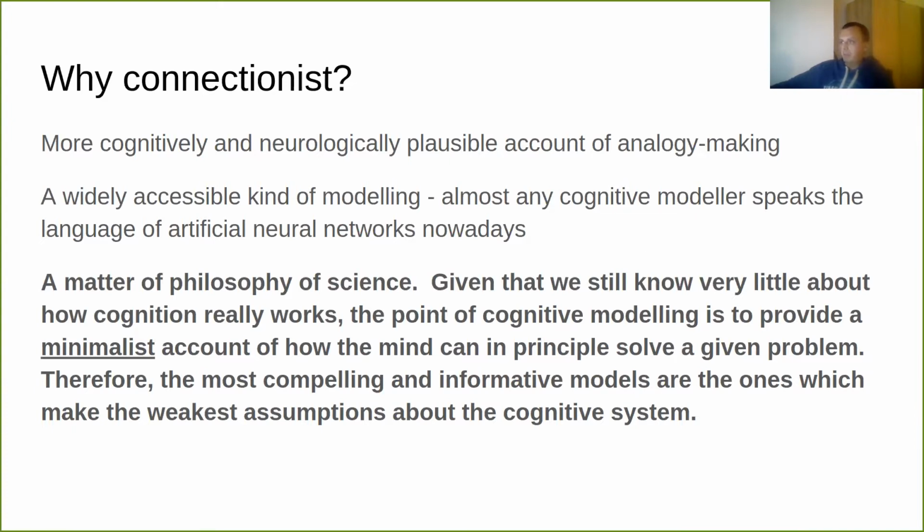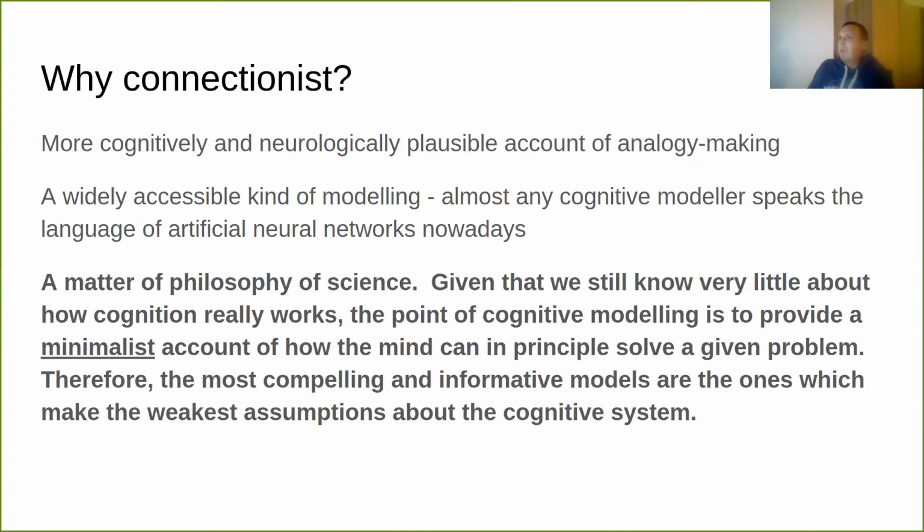And my personal point about connectionism is that what I like about it is that it's a minimalist account of cognition. I mean, there are not that many assumptions in connectionism. There are a few assumptions, such as that you have massive parallel computation, that knowledge is distributed across a fixed number of units, and that learning takes place by small adjustments in connection weights.